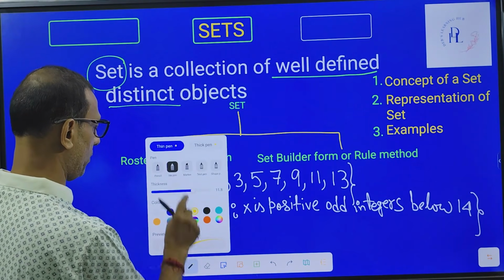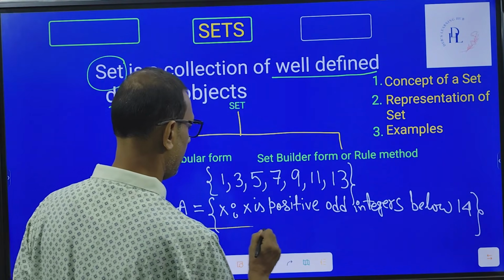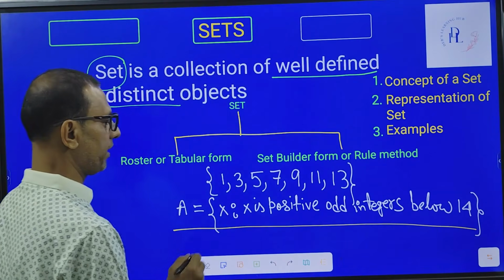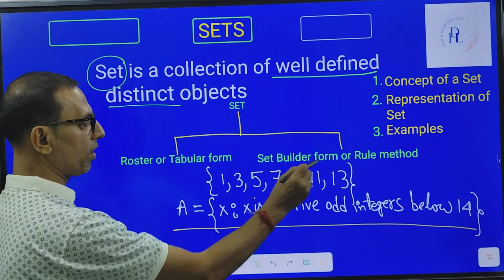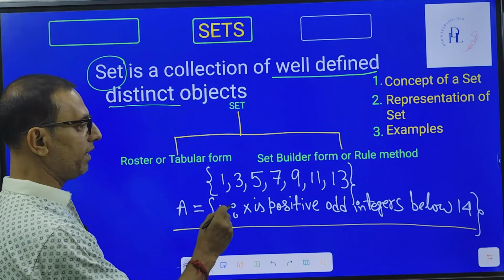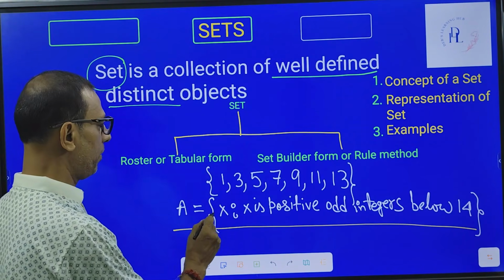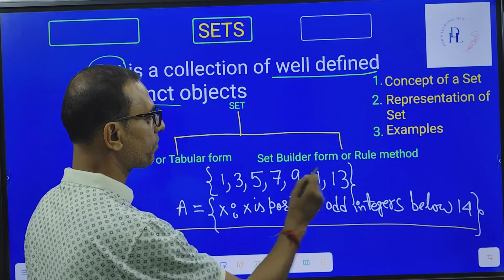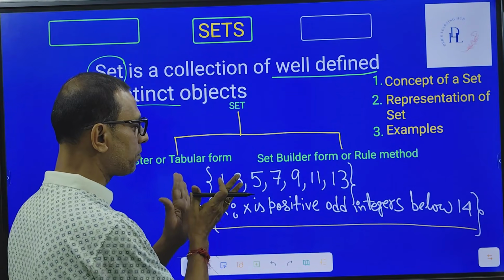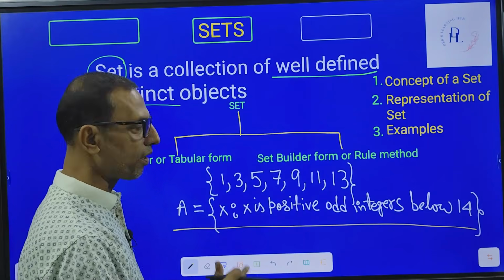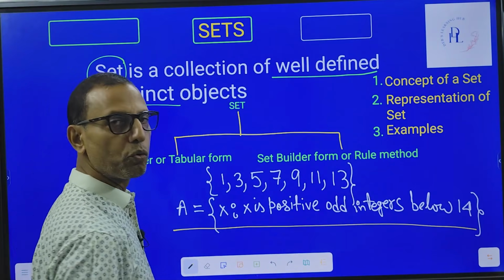This is in the form of set builder form. This generic expression means you don't need to give all the numbers. That is why the roster or tabular form is always easy to read, but in set builder form or rule method you are expressing the entire set of numbers in the form of a rule.